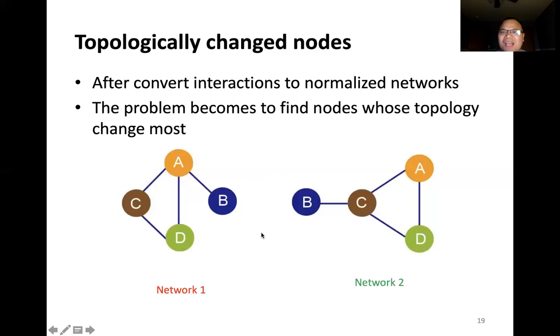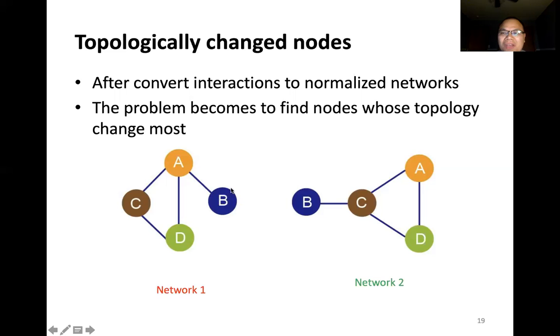In the middle, it's actually boiled down to comparing two networks. For example, there are two networks that share the same nodes, but the connections between the nodes are different. If you look at node D in these two networks, you'll find that node D connects to node A and node C, and the connections in these two networks are the same.